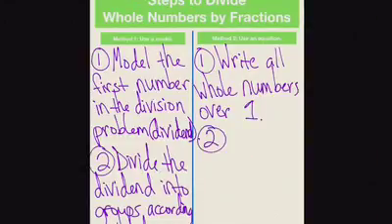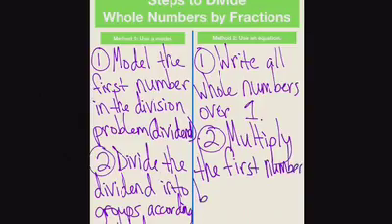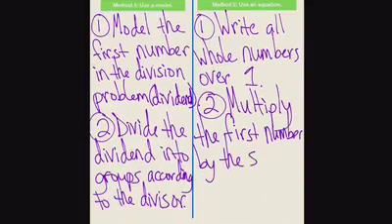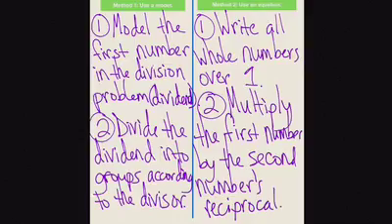The second step is to multiply the first number by the second number's reciprocal. So that's where that reciprocal is going to come into play.